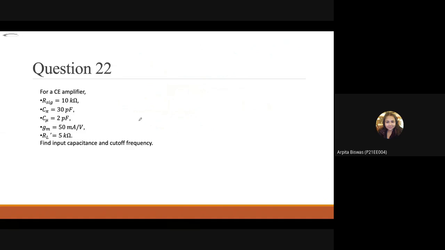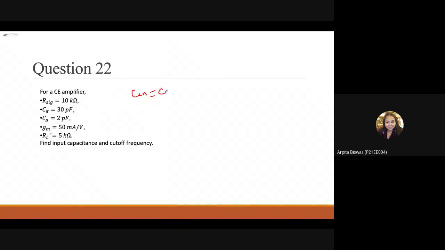So this is question 22, to find out the input capacitance and cutoff frequency. I'm giving you the equation. Here the C pi, C mu values are given.